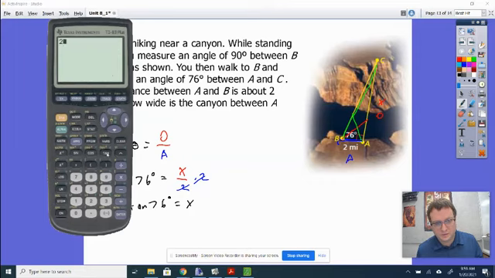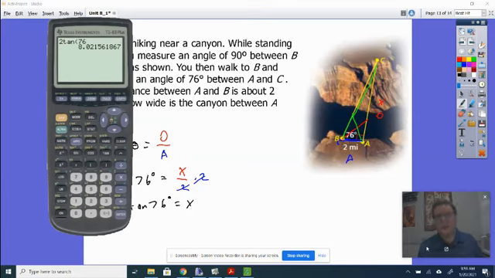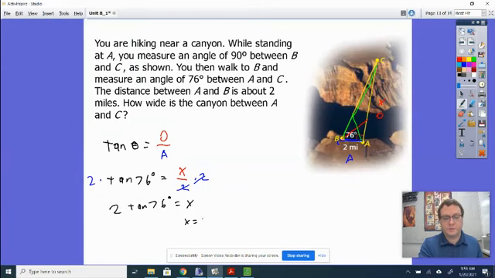So 2, tangent of 76. Okay, so I get about 8.02 miles. And I do want to include miles here because I do have a context for my problem.